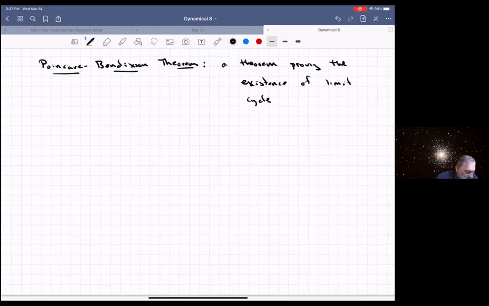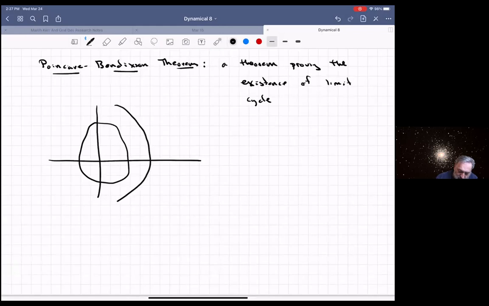The basic picture of the Poincare-Bendixson theorem is that you make some disc-shaped region, right? So I'm going to be interested in the region in here.